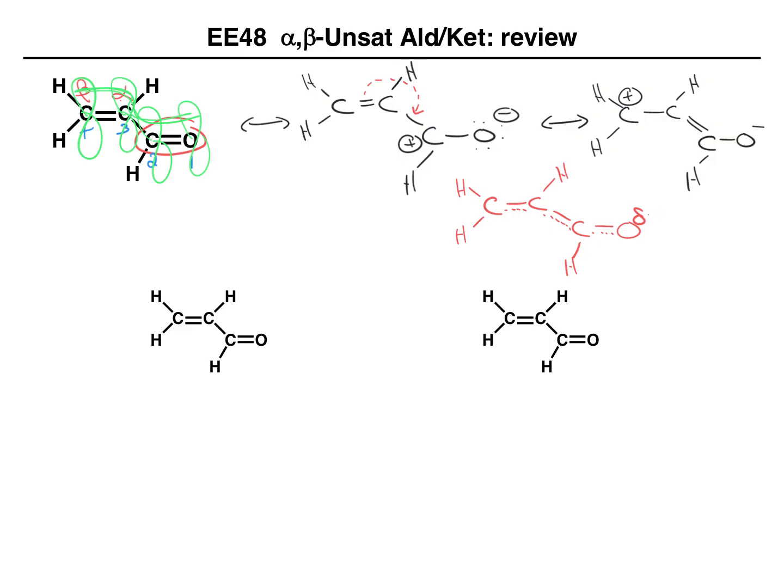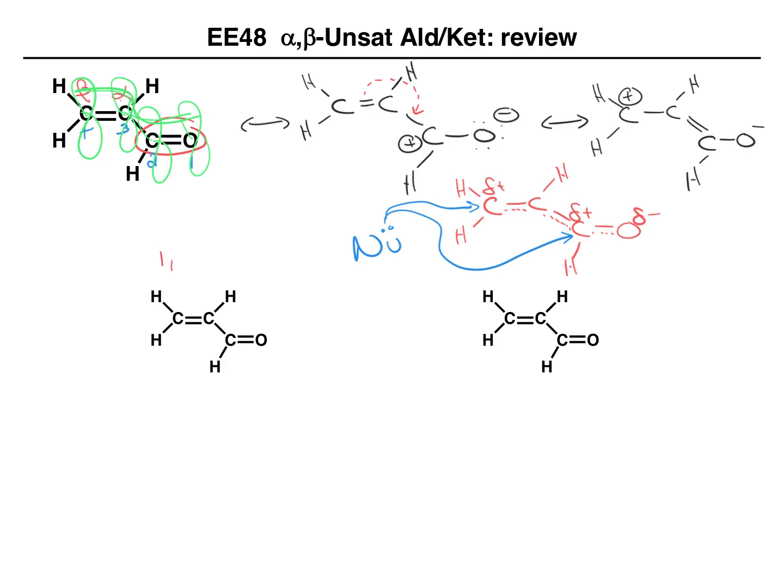We have a partial negative on the oxygen, a partial positive on this carbon, and a partial positive on this carbon, which means if this is our 1 position, our carbon at the 2 position, 3, 4, and our carbon at the 4 position both have positive character. Therefore, if a nucleophile comes along, it could potentially add to this carbon or to this carbon. So let's consider the two possibilities.